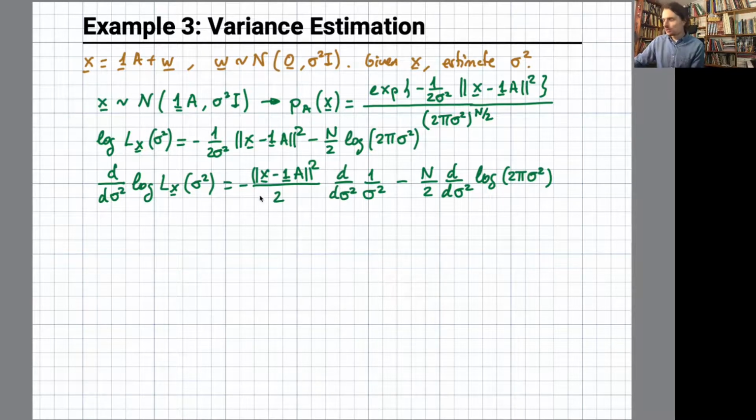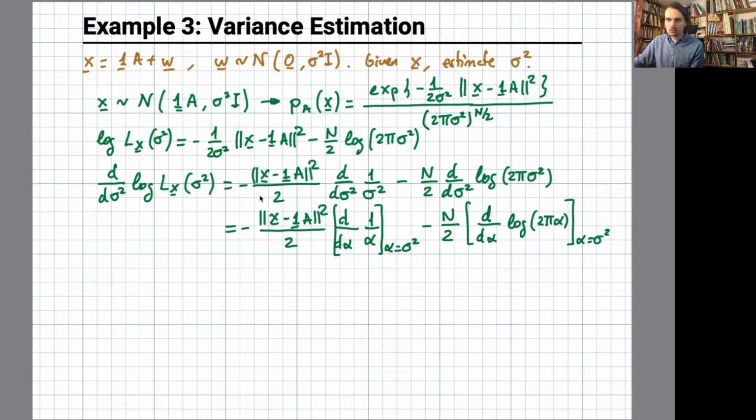Okay, so just not to get confused with the notation, this time we will substitute this sigma square with a dummy variable alpha and take the derivative with respect to alpha. After doing so, we have to replace alpha back with its value sigma square.